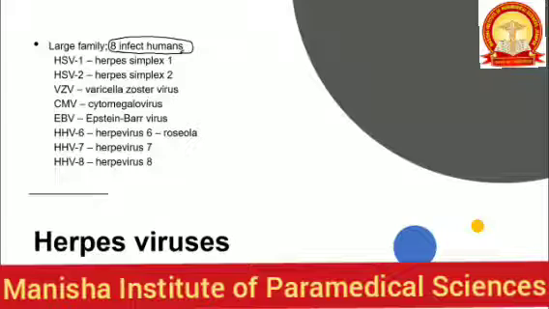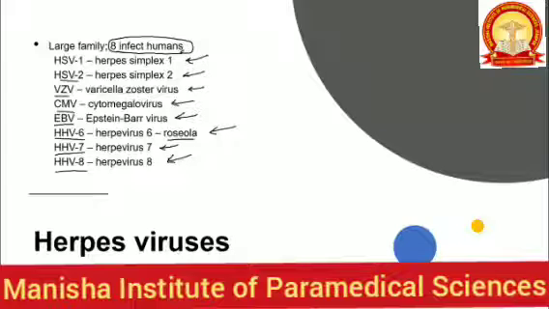So HSV1 is herpes simplex virus 1, HSV2 herpes simplex virus 2, VZV varicella zoster virus, CMV cytomegalovirus, EBV Epstein-Barr virus, HHV6, human herpesvirus 6, which is known as Roseola, HHV7 herpesvirus 7, and HHV8 herpesvirus 8.